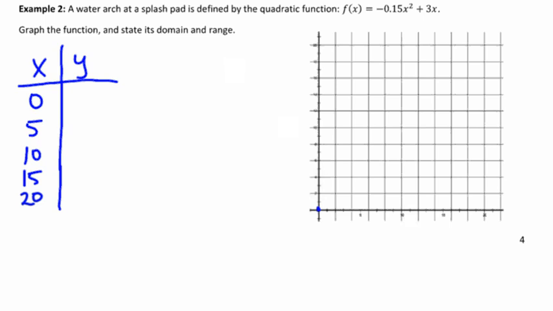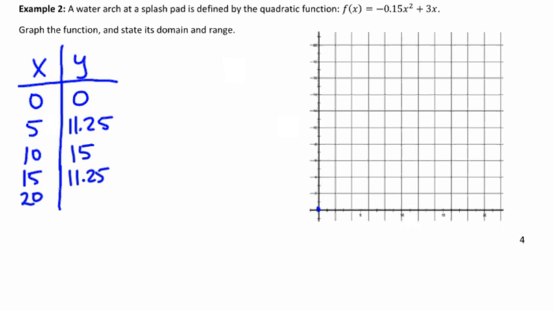If I plug a 0 into this function, my y value will be 0. 5 squared times negative 0.15 plus 3 times 5 is 11.25. 10 squared is 100 times negative 0.15, so negative 15, plus 30, positive 15, sorry. 15 squared times negative 0.15 plus 3 times 15 is 11.25 again.